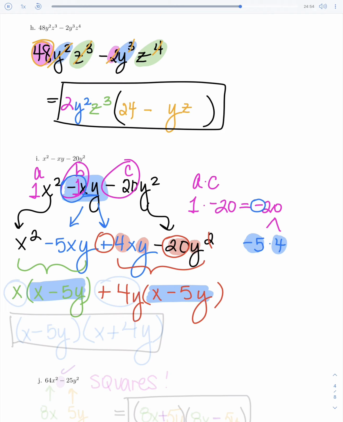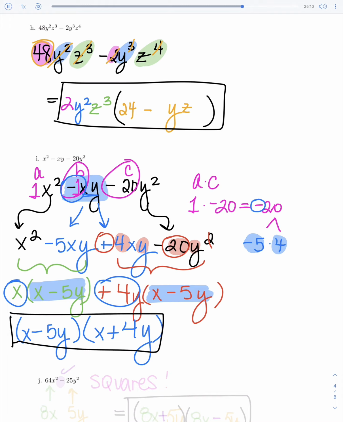So I'm going to pull out my matching x minus 5y, which will leave me with my leftovers inside of their own set of parentheses, x plus 4y. And that's my final answer, an x minus 5y and an x plus 4y. And just as a quick reminder, it doesn't matter which order they're in.